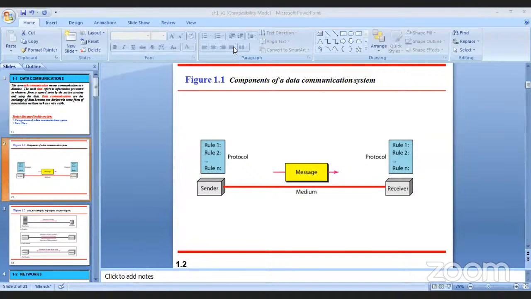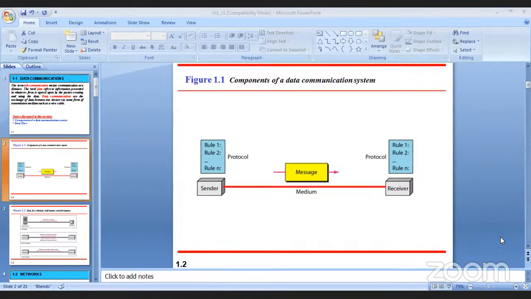And fifth is the protocol. Now, what is actually those five components' requirement?